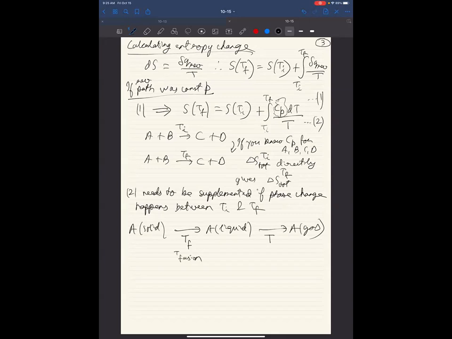And the second one happens at Tb, which is the boiling temperature. And now if I told you the entropy of A at a temperature Ti, and let's give it numbers over here.